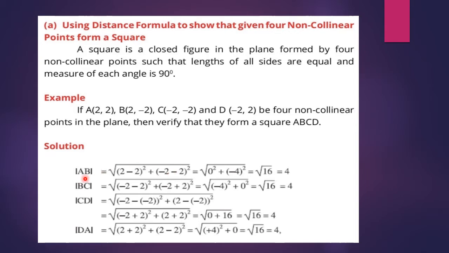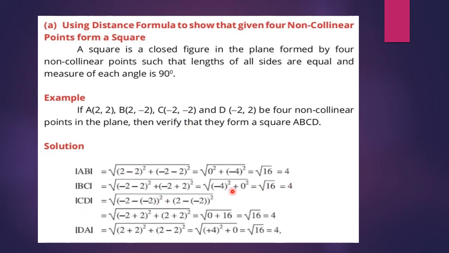Length of the side AB by using distance formula, square root of (x2 minus x1) whole square plus (y2 minus y1) whole square, we have got its value to be 4. Now length of the side BC. Again by distance formula, the length BC is also 4.